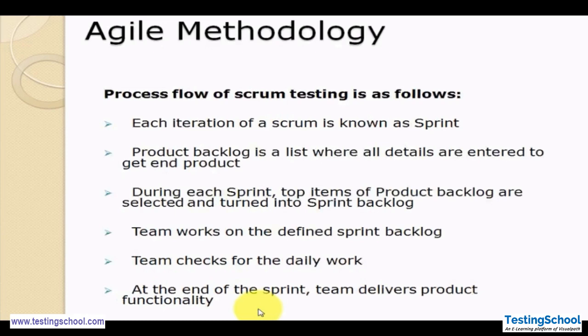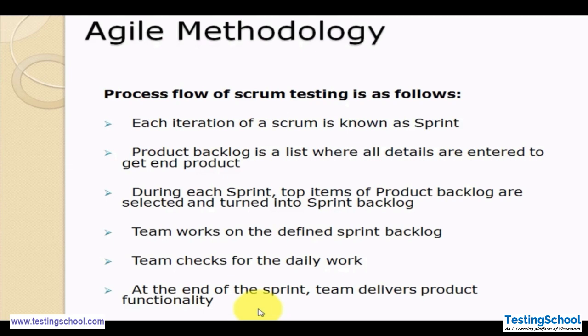From there we start our development and testing. After that we say that our functionality is successfully completed and we deliver it to our product owner. So in this session we have seen what is product backlog, what is sprint backlog, and how we work in our Scrum testing.